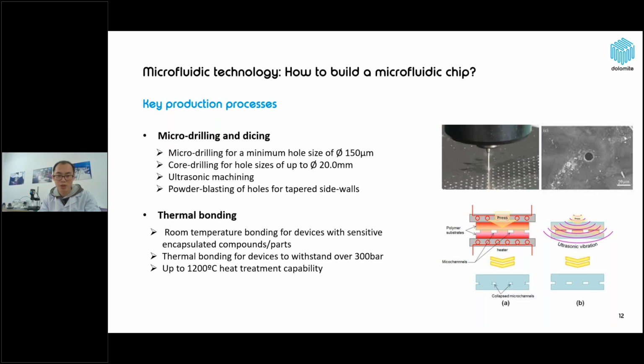We can use room temperature bonding for devices with sensitive encapsulated compound parts. We can use thermal bonding for devices that withstand over 300 bar of high pressure, and it can be done with up to 1200 degrees C heat treatment capability.